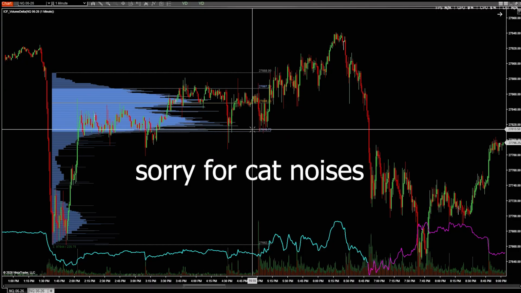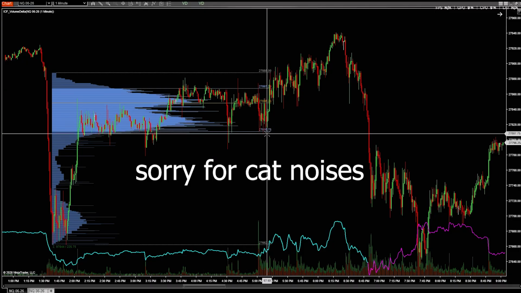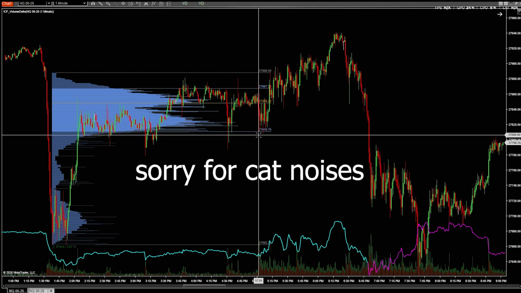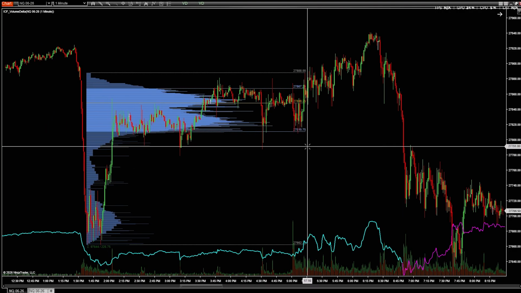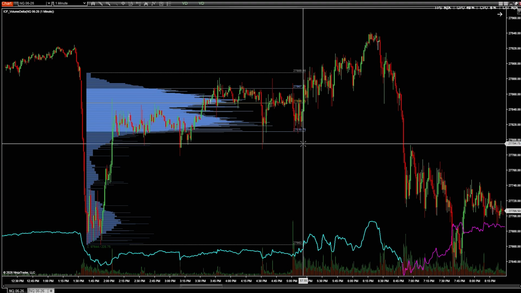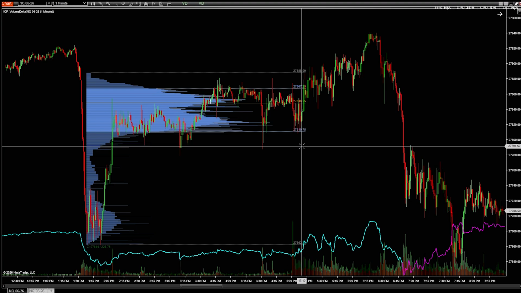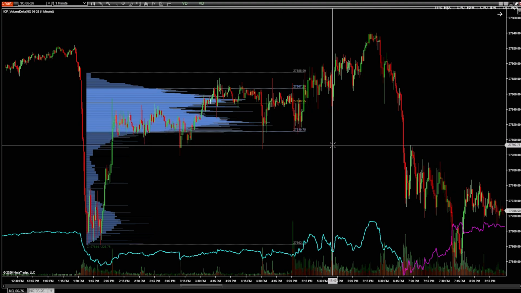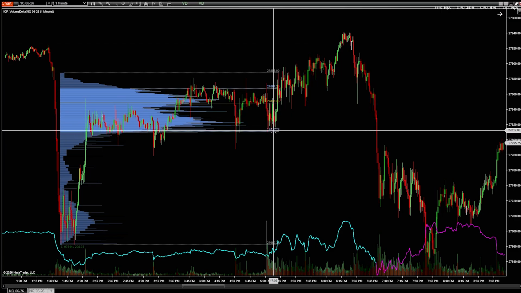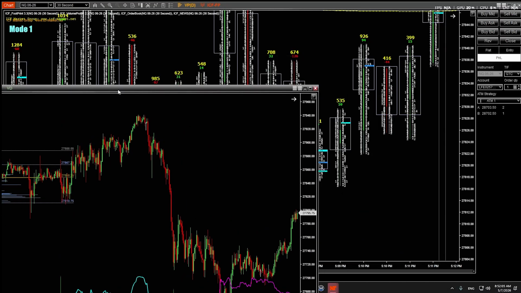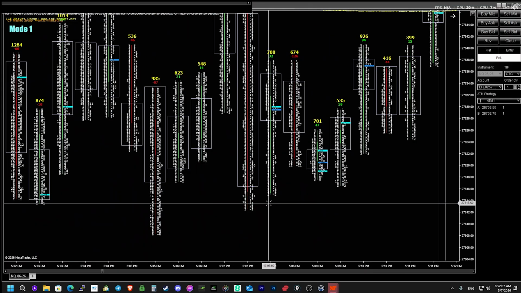I didn't take that trade because I don't like to trade in the first 30 minutes of the market unless I'm pretty sure about the direction. As I said, the previous day value area high and low were pretty close, and this is usually not a good sign for trend continuation. So I didn't take this trade, but let's see what we have in the lower time frame here.